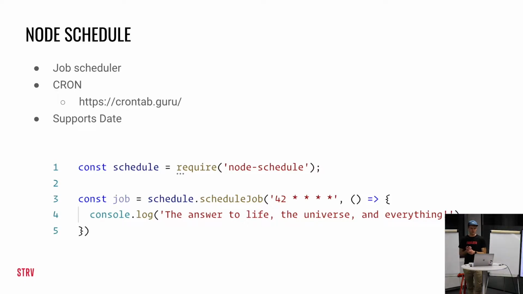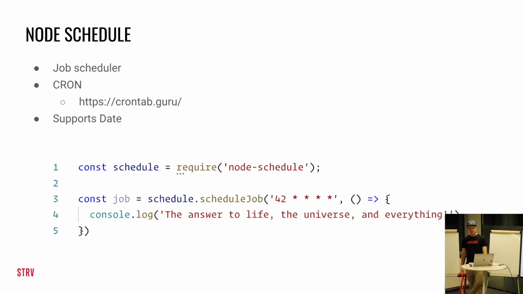There's node-schedule, the library, super easy. It supports cron. Cron is, as you probably know, the software utility for scheduling jobs in the Unix-like ecosystem. If you use PHP on a Unix system, you probably use crons. If you are like me, and don't remember how to properly write a cron, you can use this link, crontab.guru. It's very nice. You can play with it.